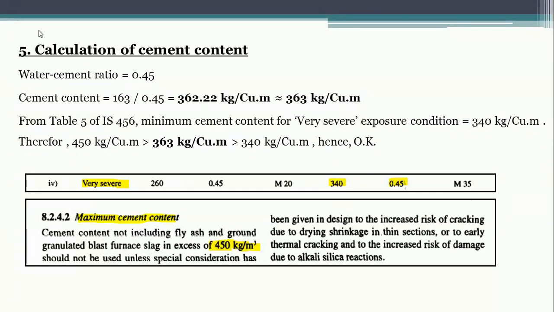Here we got 363, and the minimum is 340, so 363 is fine. The maximum cement content is also given in the code book as 450 kg per m cube. The value should be less than 450 and more than the minimum. Since 363 is less than 450 and greater than 340, it is okay.